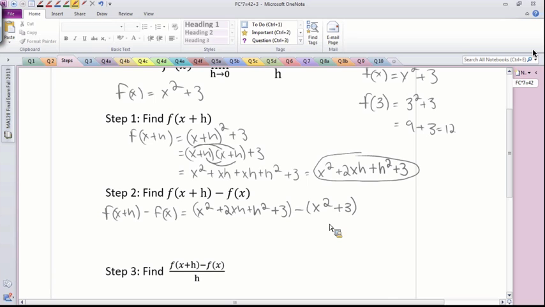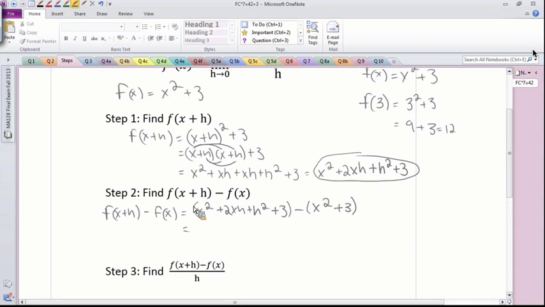So any questions so far? Okay, so we'll simplify this, get rid of the parentheses. I'll multiply what the coefficient term is behind each parentheses.